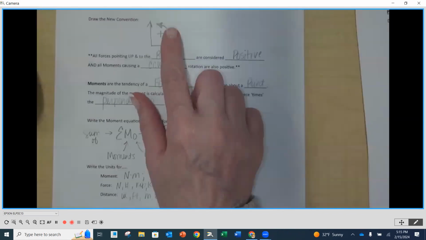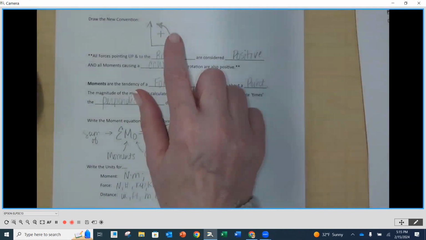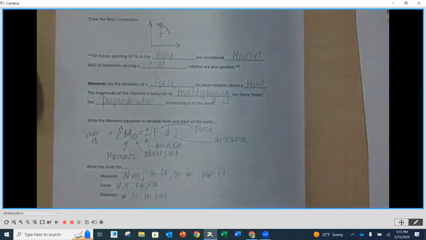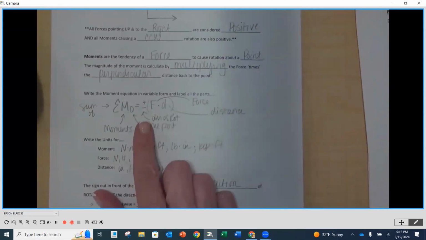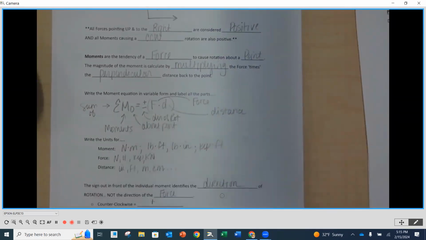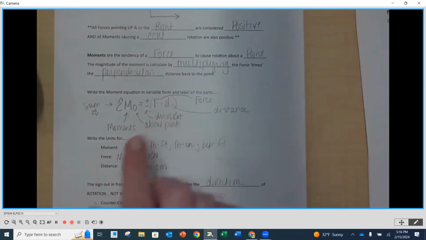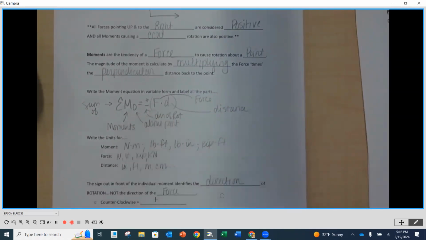That is going to be dictated by the direction of rotation. When we're in moment mode, we're looking at the direction of rotation that the force is causing about the point that we're summing around. In parentheses, I take the magnitude of the force times the perpendicular distance. So force times distance inside, and outside is the direction of rotation.